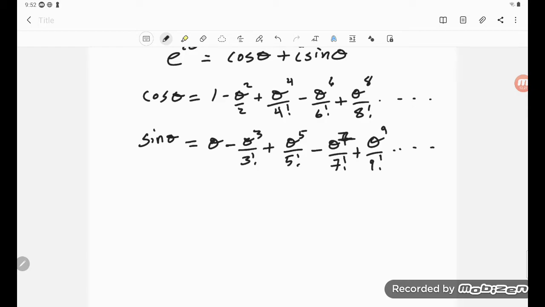And I'm not going to do it here, but you could go to something like Desmos and plot cosine of x and plot this polynomial out very far, maybe to the 20th power or something like that, and look at how well the functions agree, and you'll see that they agree quite well for a while.